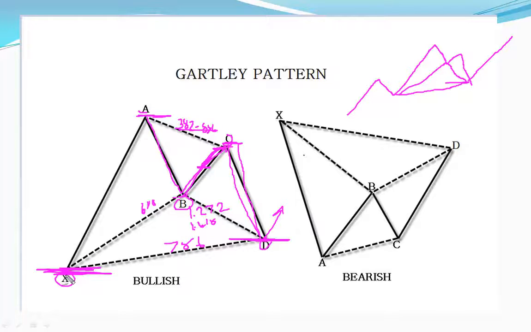So X up to A is a 786 retracement, but the criteria is that first swing down off the high, that A to B, is a 618. And then you have that 382 to 886 swing up from that A high, B low to C. And then on the way down, you have a 1272 to 1618 extension from B to C. Now, they don't take into consideration the A to B, C to D wave in terms of length.